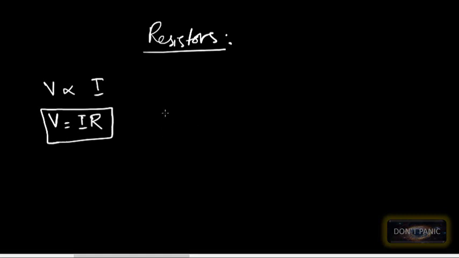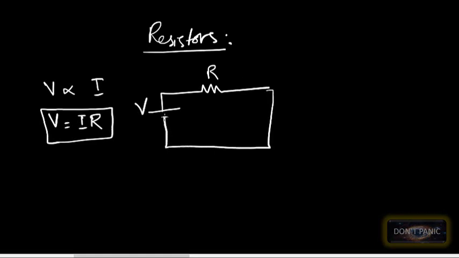So suppose you have a circuit that has a voltage source V and some resistance R. Okay, so then what's going to happen is this voltage is going to cause a current in the circuit that's going to flow clockwise.